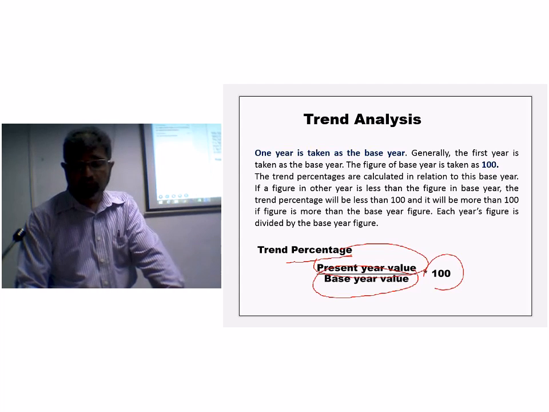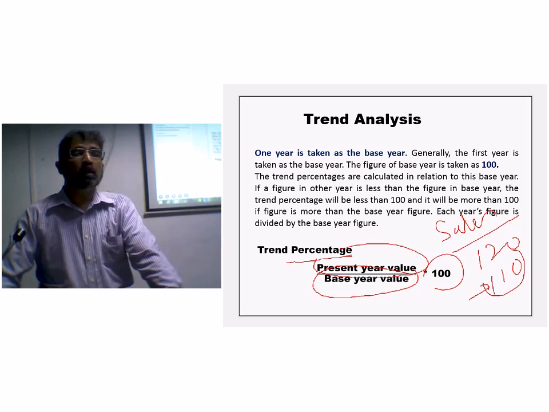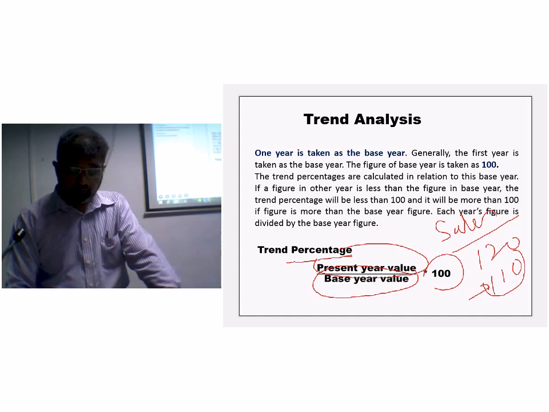For example, if the sales of this year is 120 and the previous year is 110, then you can take 110 as 100, divide 120 by that and multiply by 100. Finally you can convert into the trend value.